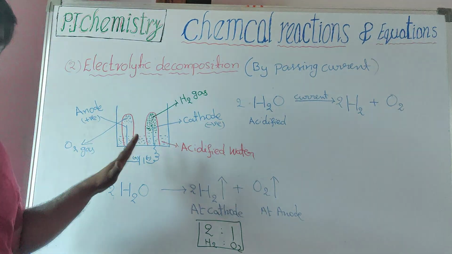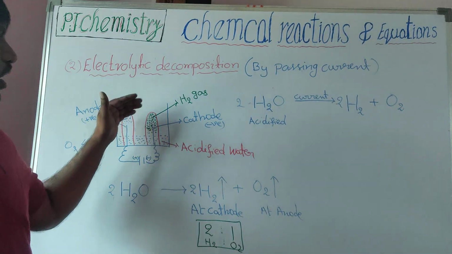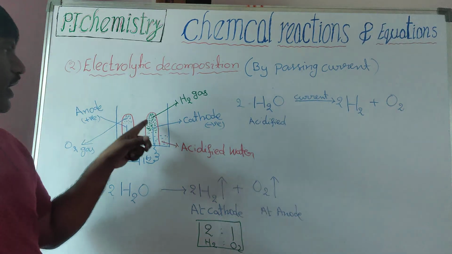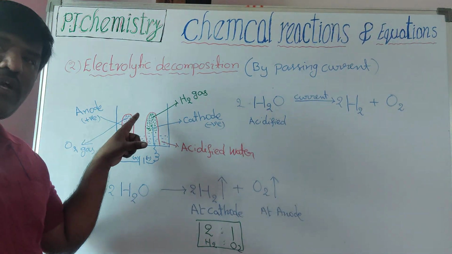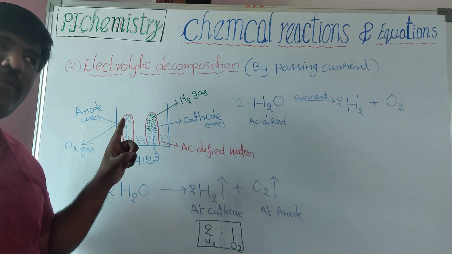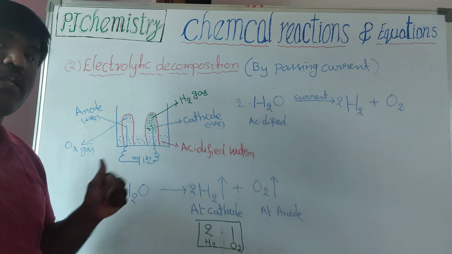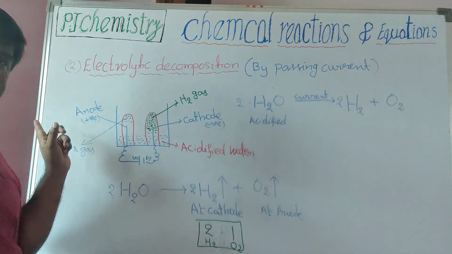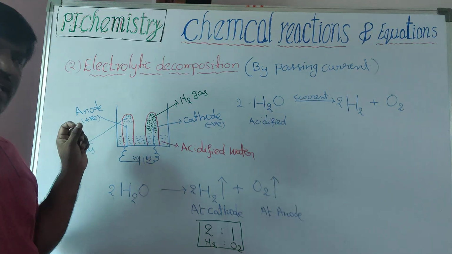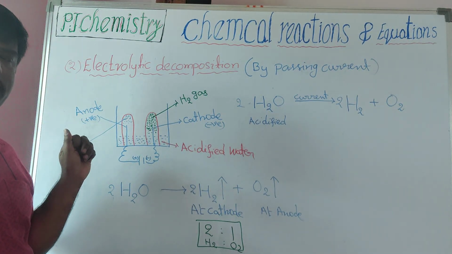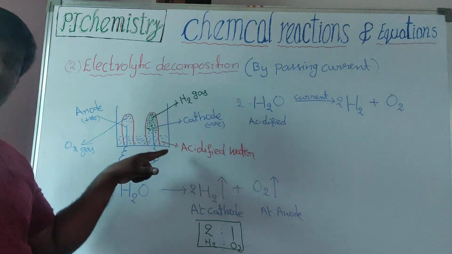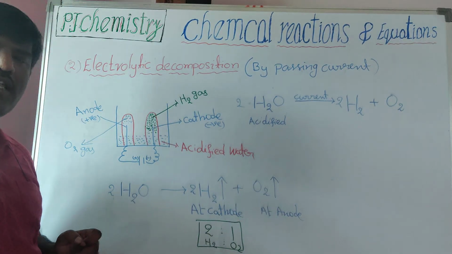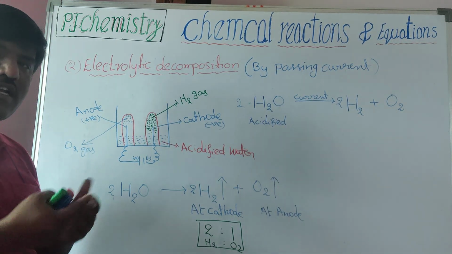In a diagram like this, the gases are shown clearly, more volume and less volume. Based on that, we should work in reverse. The gas shown with more volume in water is hydrogen. Where is hydrogen liberated? At the cathode. So this is the cathode and this is the anode. At the cathode, cations, meaning H+, move towards the cathode, gaining electrons. Gain of electrons is called reduction.